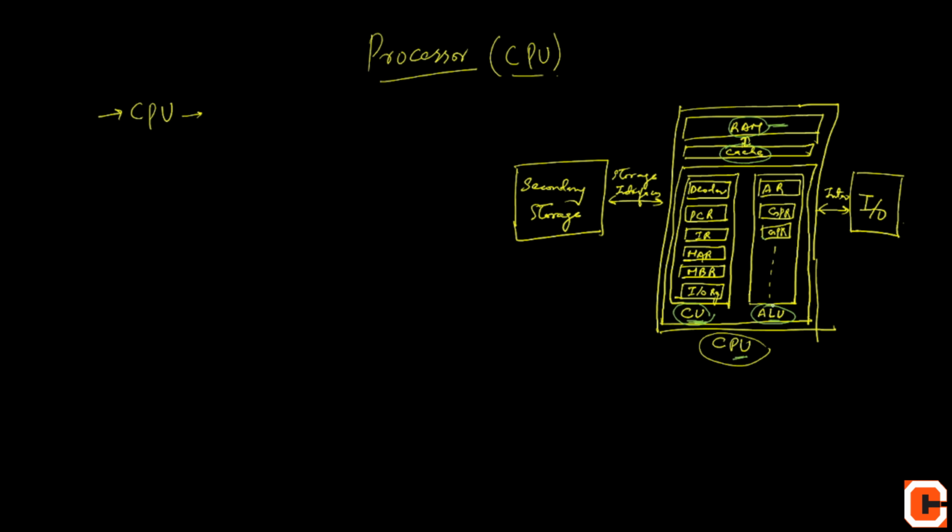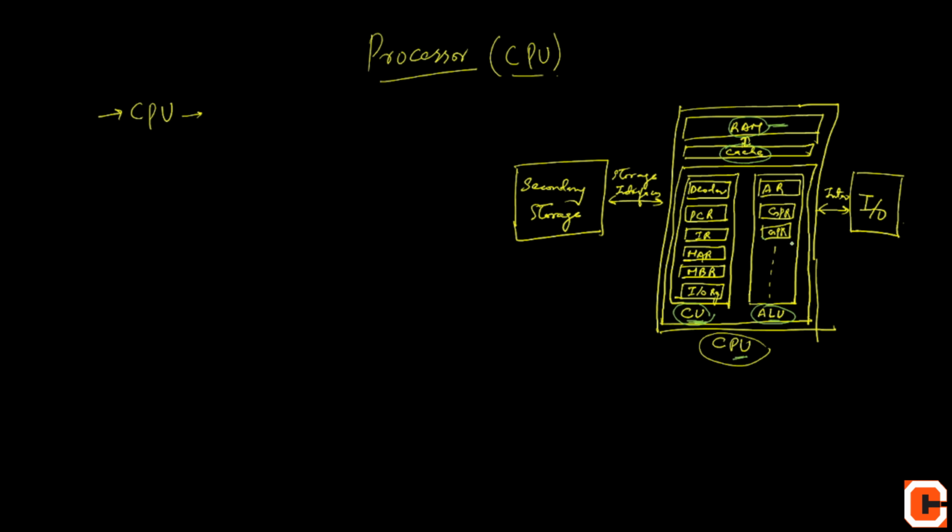Now we have already talked about the ALU also. The arithmetic and logic unit of the CPU is the place where actual execution of instructions takes place. During data processing, the actual execution of those instructions happens here.